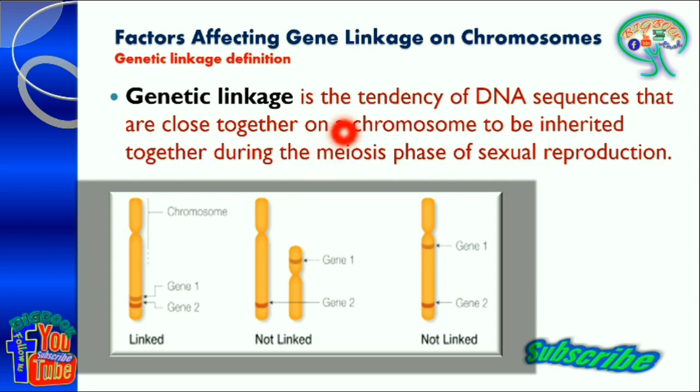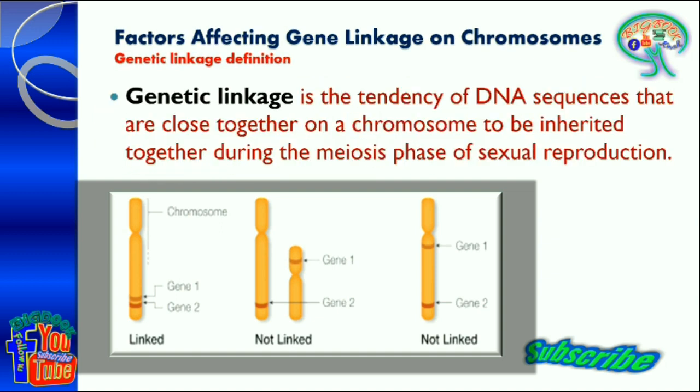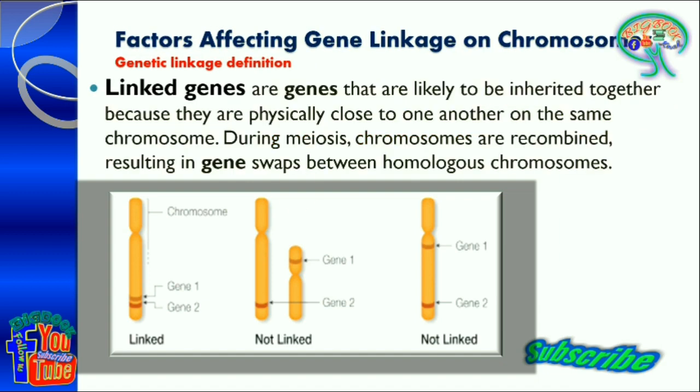Here the definition speaks about the tendency of the DNA sequences. In the next one, it is again the number of bases between two genes in a linear DNA sequence. A gene that is present on the chromosome can be referred to as a loci, that is, the located position.